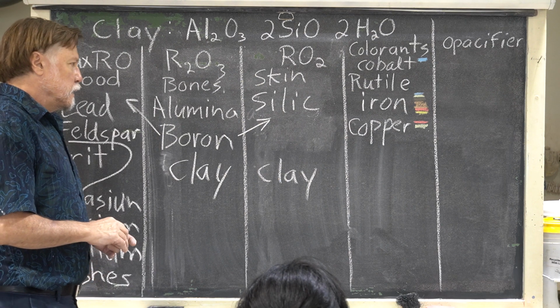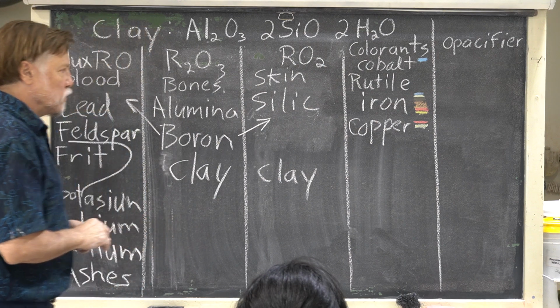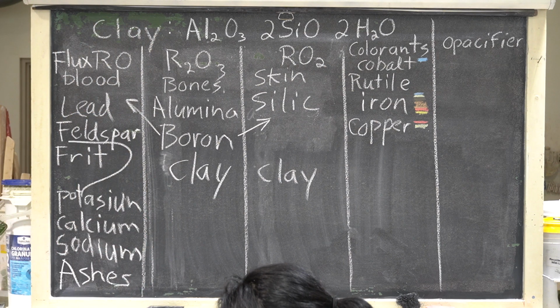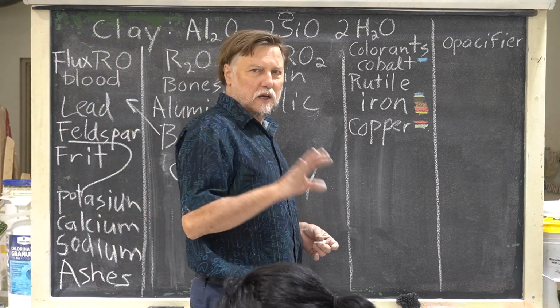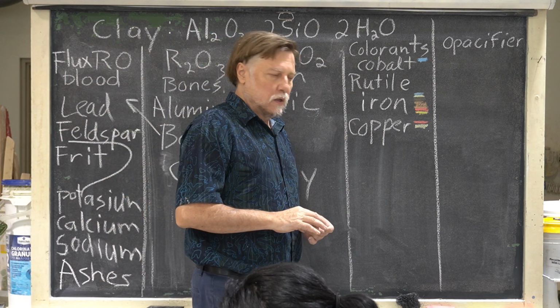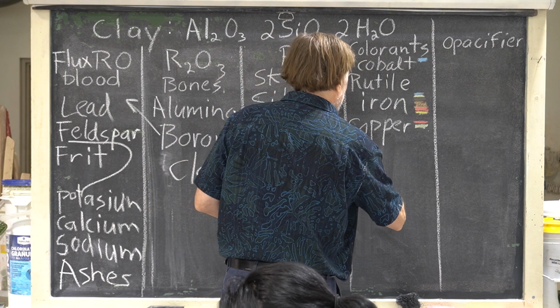It can do other things as well. You can get turquoise with it when you use barium or strontium. Turquoise is kind of between a blue and a green.